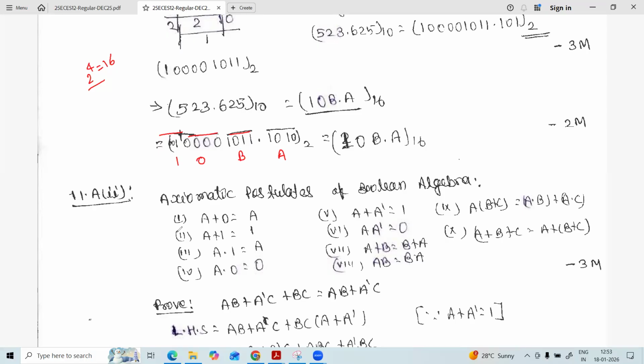Next, they're asking us to write some postulates as well as prove the given identity.